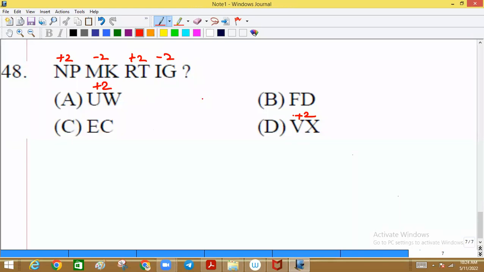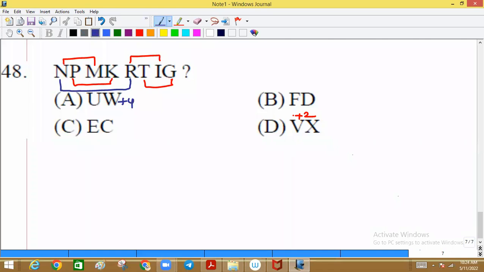So what is the answer? Now what you try to do is, this is not the way to do, but you observe one thing, N opposite M, P opposite K. Then same way, R opposite I, T opposite G. So you want to know the series, no? So N to M, what is the increase?